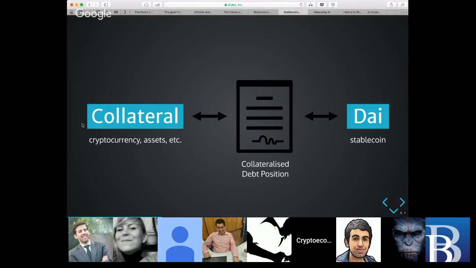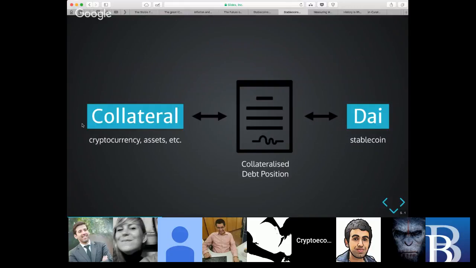A collateralized debt position is a smart contract that will hold the collateral, which can be cryptocurrencies or assets, whatever is readable directly on the blockchain. The smart contract will hold the collateral for you and allow you to withdraw from it a certain amount of DAI. If you give the smart contract back the correct amount of DAI, you can take the collateral back and do whatever you want with it.